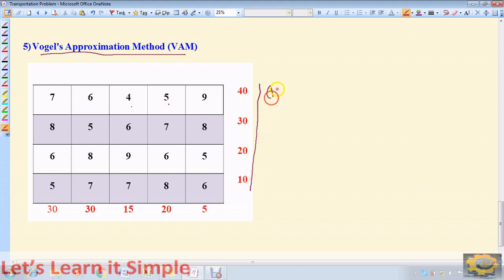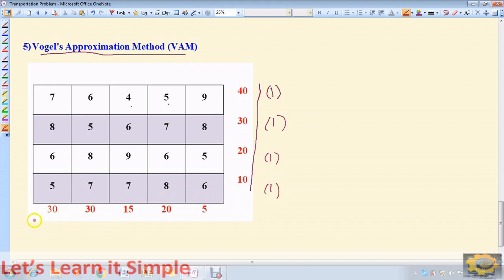So let me put it in a bracket. Now in the second row, the least cost is 5, next least cost is 6, the difference is 1 again. In the third row, least cost is 5, next least cost is 6, again it is 1. In the last row, least cost is 5, next least cost is 6, again it is 1 here.